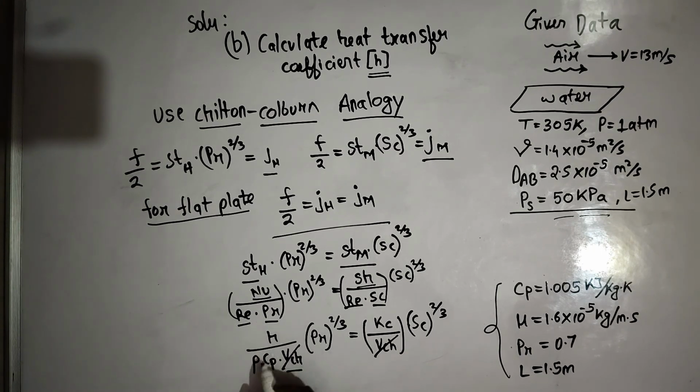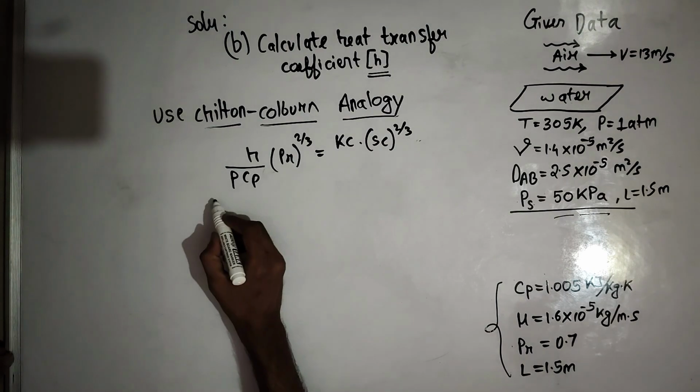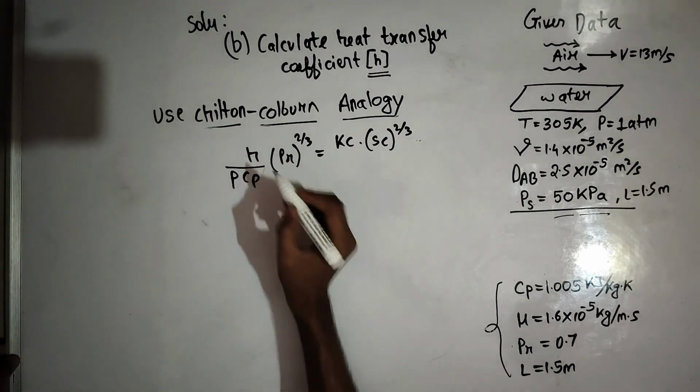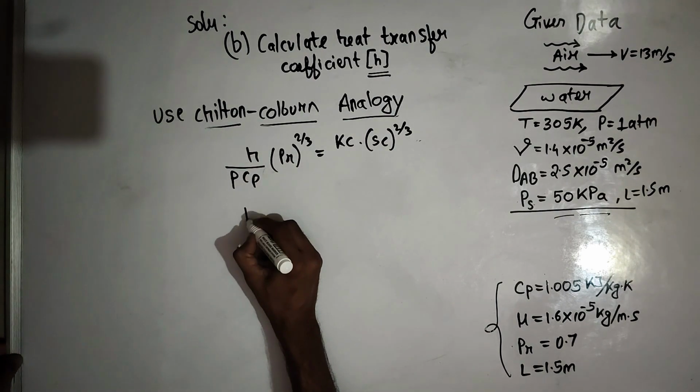In this equation we have density, we have Cp, we have calculated Kc, we have Schmidt number and Prandtl number. So all that is left is the heat transfer coefficient. So from this equation we have to calculate heat transfer coefficient.